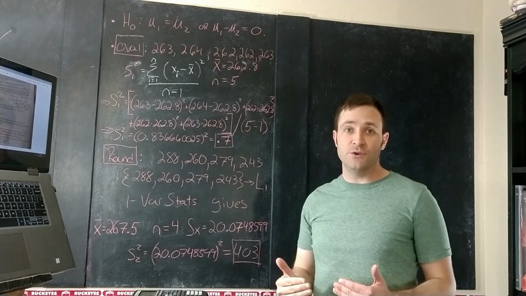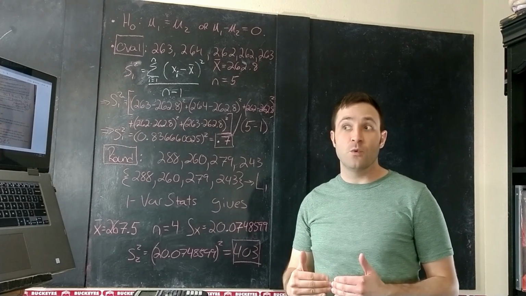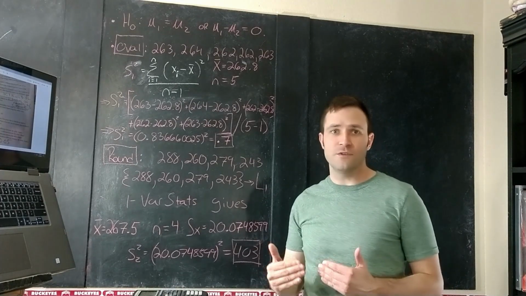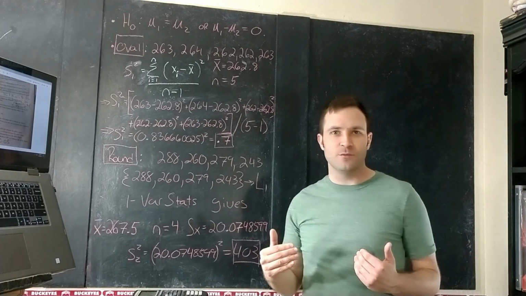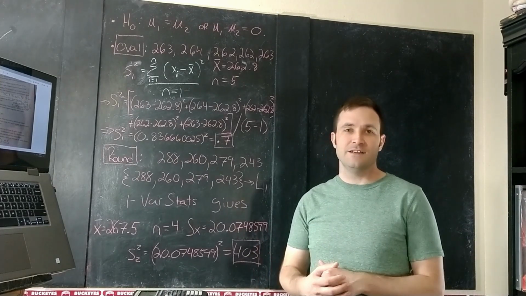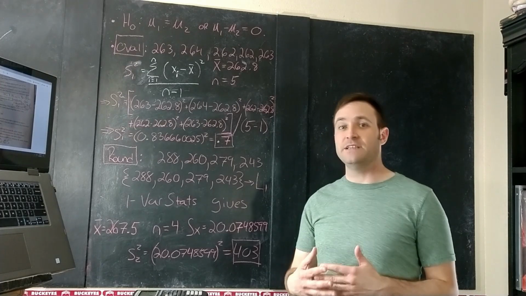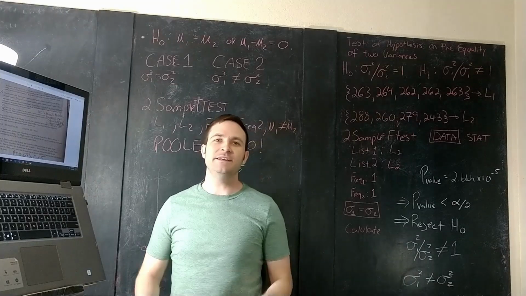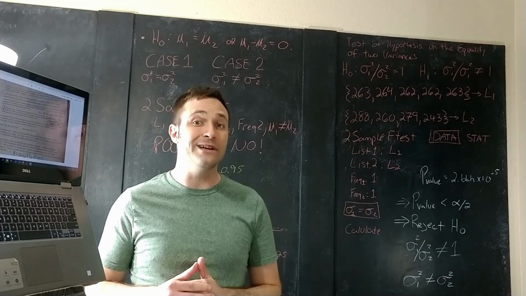So I'm going to do a test of hypothesis on the difference between two population means with the population variances unknown. One of those 2 tests. So how do I determine which one to use? Well, I need to figure out whether or not the population variances are likely equal or unequal.